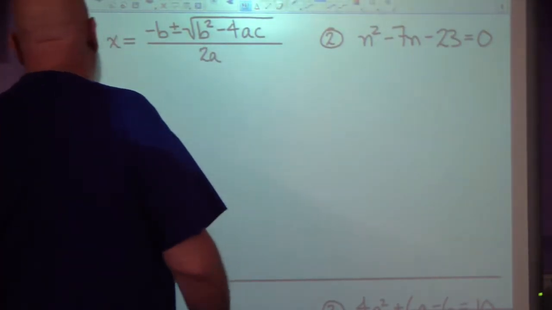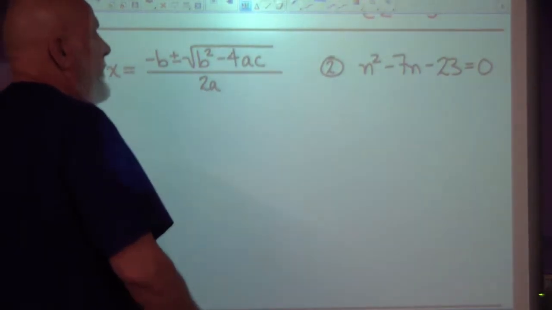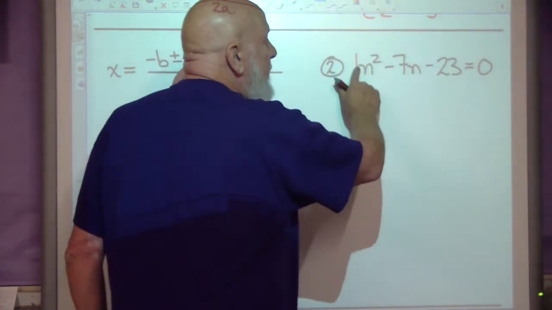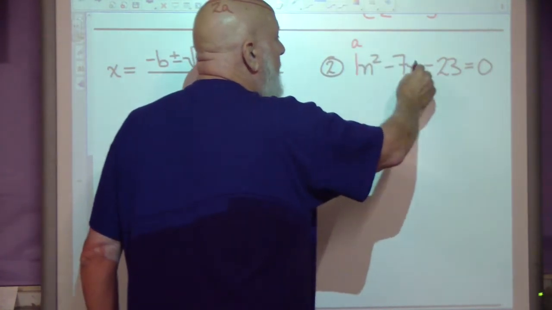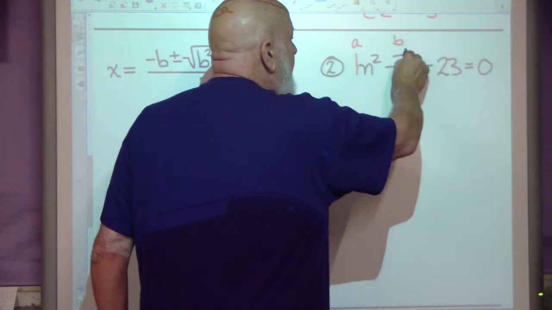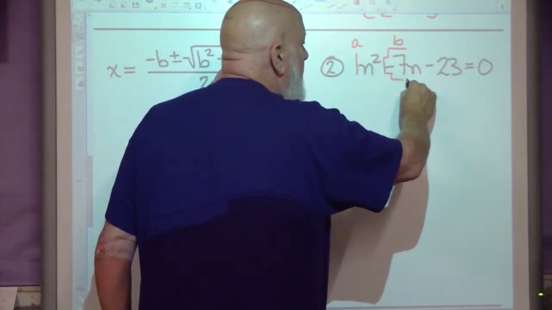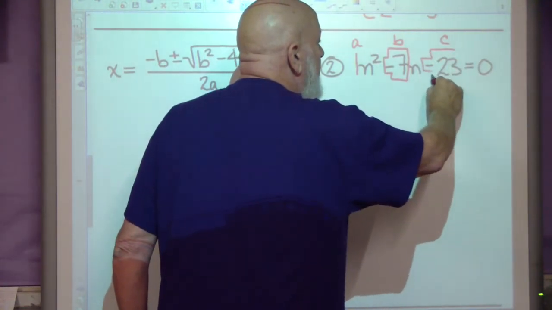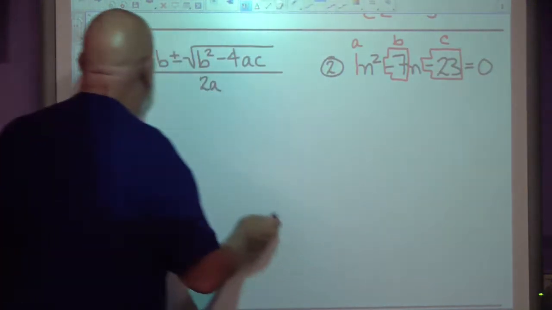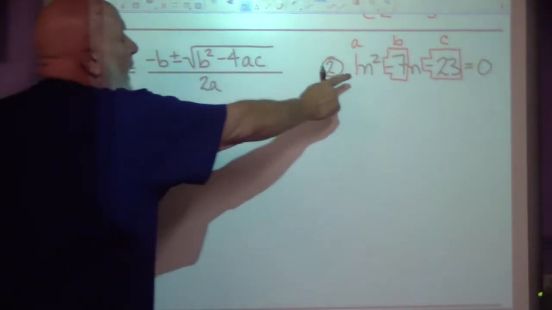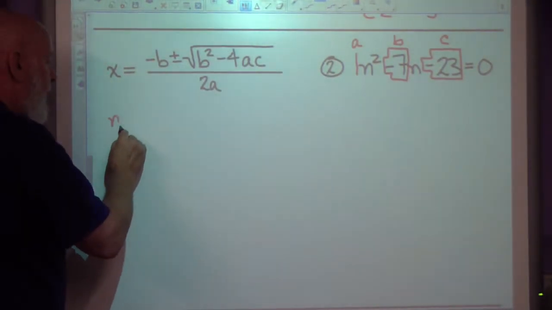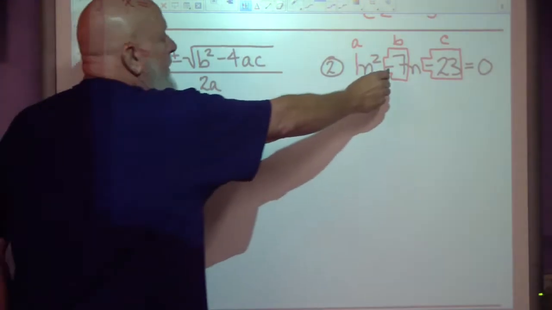Okay, our variable's n again. So in this case, I don't see the leading coefficient, so that's an implied or an invisible 1. A is 1. B is going to be negative 7. And C is going to be negative 23. So here we go. This is the quadratic formula. Our variable is actually an n this time, so I'm going to say n equals the opposite of b.